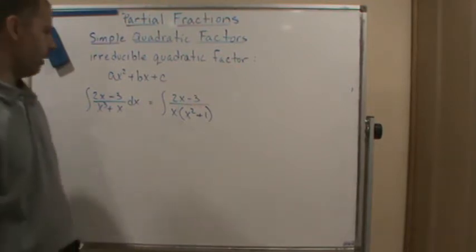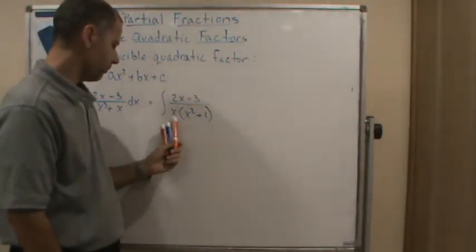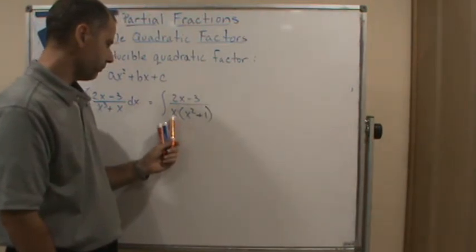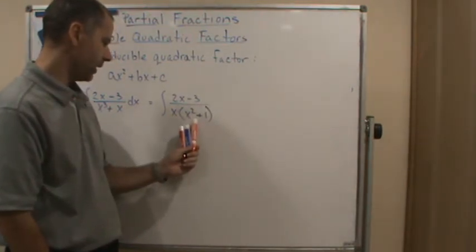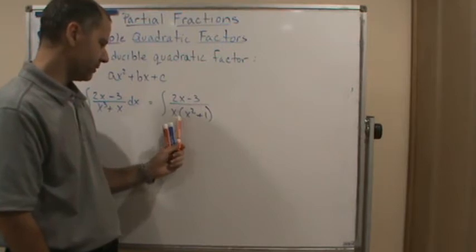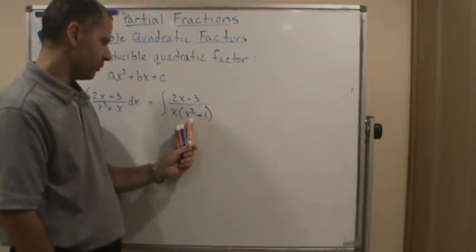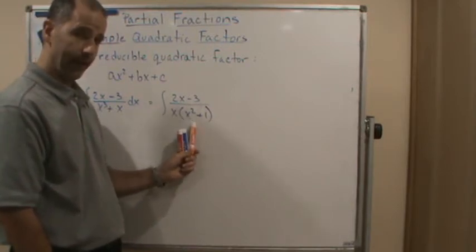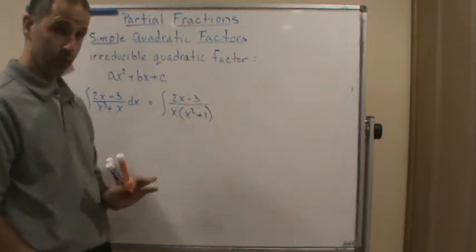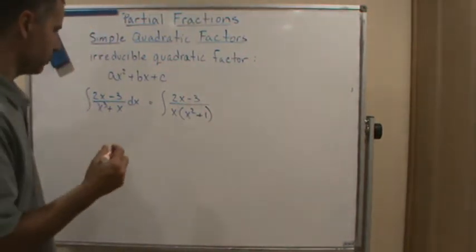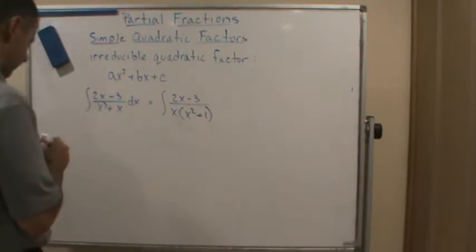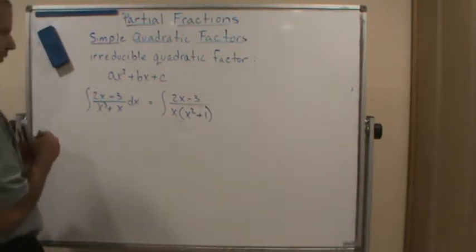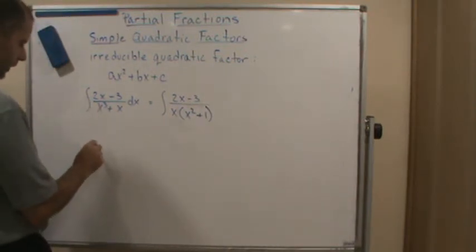Now I've got this x here, and I've got this quadratic here. So I know how to deal with this. This is an irreducible quadratic factor, so this is the decomposition you need.